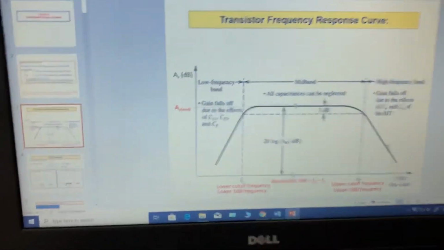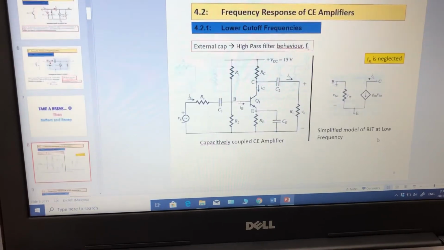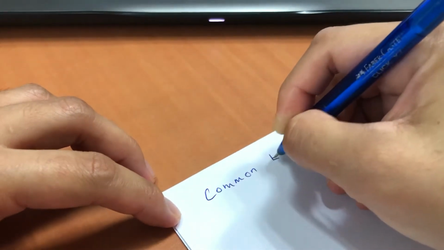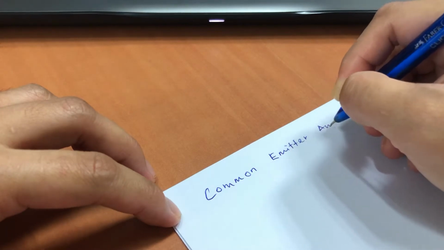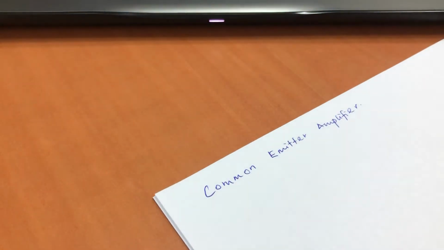Okay, let's see the slides that we want to go to, in this page. Common emitter. We want to look into the low frequency response.